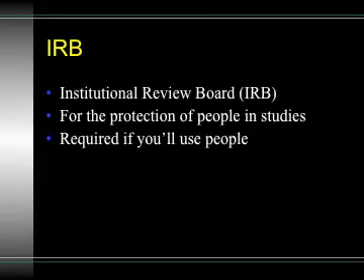The next part of protecting subjects or ethics in research studies is what's called the Institutional Review Board. Most universities do have what's called IRB, Institutional Review Board. What the IRB is set up for is to protect any individuals that are in research studies, to make sure that they are not being manipulated, being hurt, those type of things.